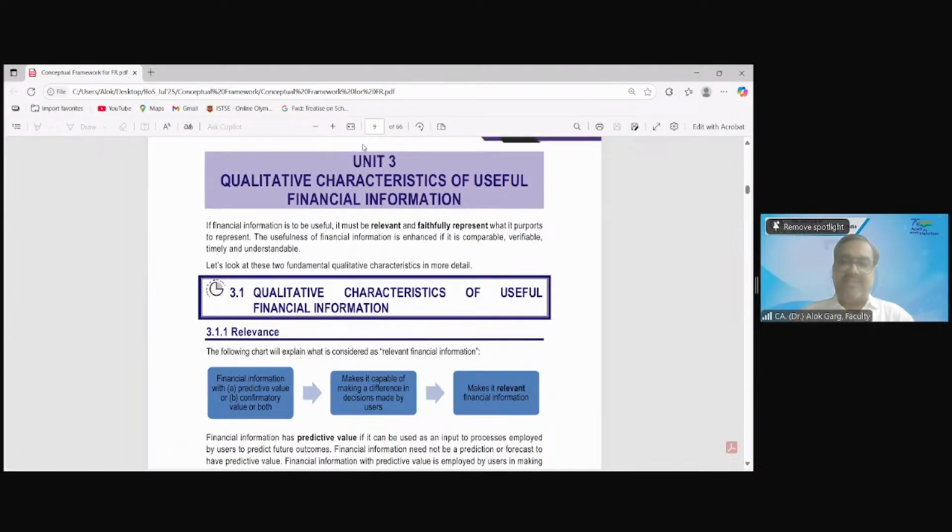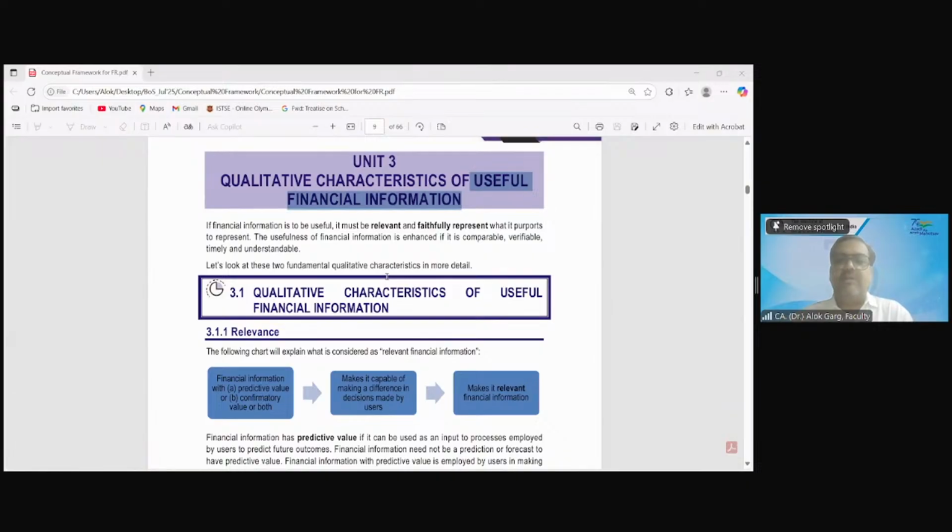Qualitative characteristics. Qualitative features of useful financial information. So how does a financial information become useful?